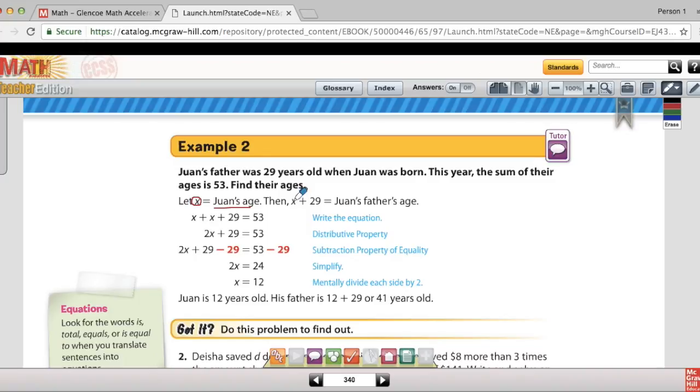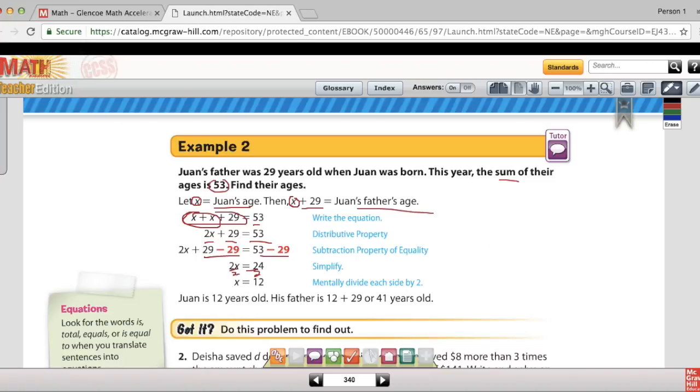And then Juan's father was 29, so x plus 29 would be his father's age. And when you combine both of their ages, the sum is going to be equal to 53. So that's how we get our equation. And then we combine like terms, 2x plus 29 equals 53, minus 29 from both sides, and then divide by 2.